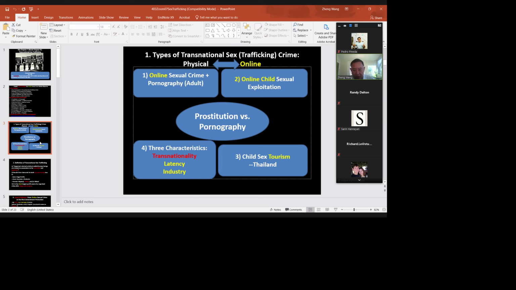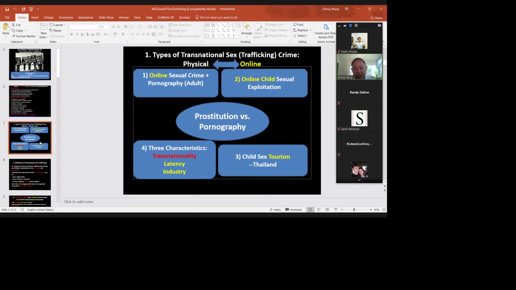One is physical, original, and 2 is upgraded, online, virtual. First is online sexual crimes on pornography, meaning the adult is involved in solicitation, meeting with a minor, offering something and then starting the dirty business.